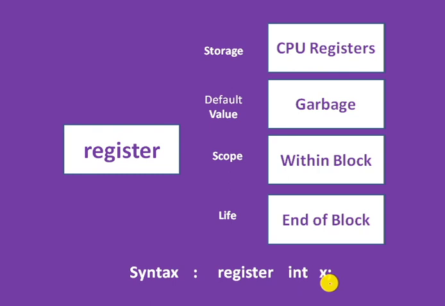But you have to remember one thing. The CPU consists of very limited registers, 32 registers or 64 registers or 16 registers. If you store data into those registers, the CPU is always busy with the registers. In 99.9% of cases, even if you write register int x, x is not stored in CPU registers.